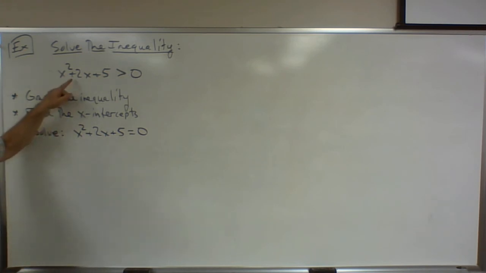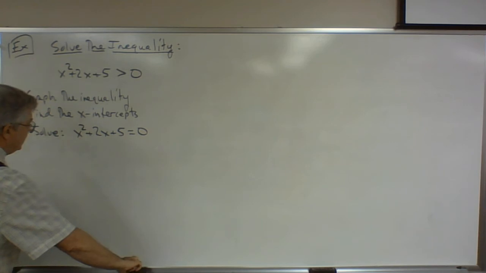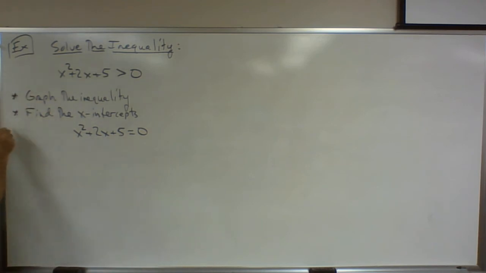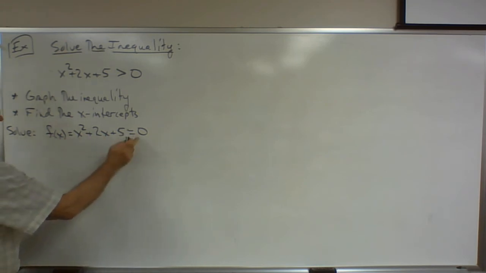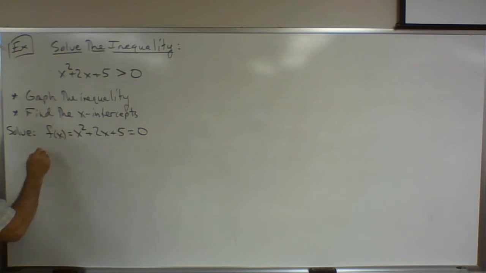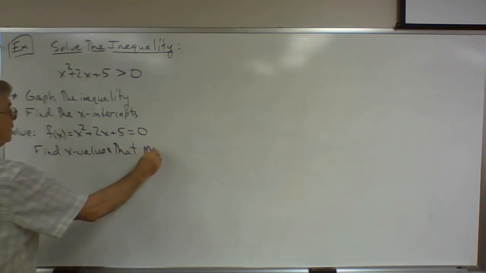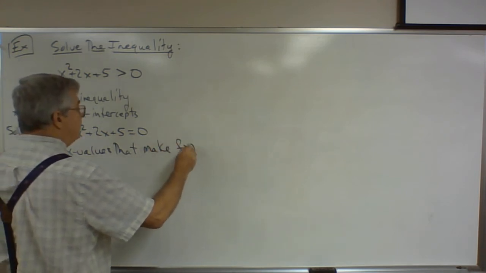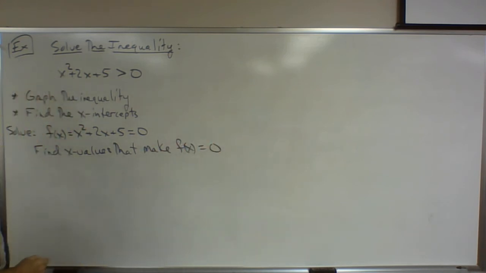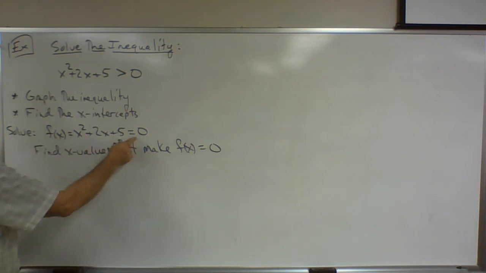So the graph of f of x will intersect the x-axis whenever f of x equals 0. So we find the x values that make f of x equal to 0. We set f of x equal to 0.